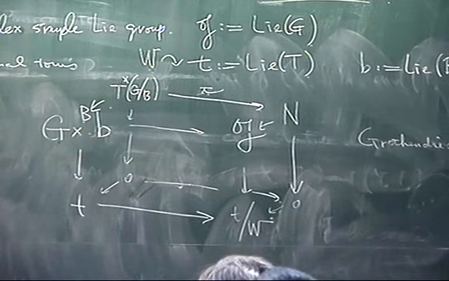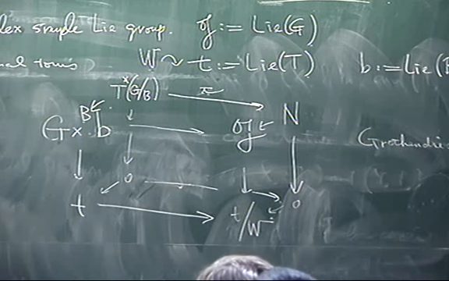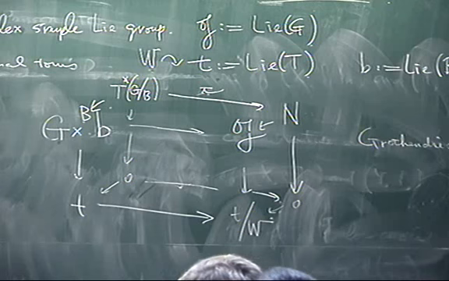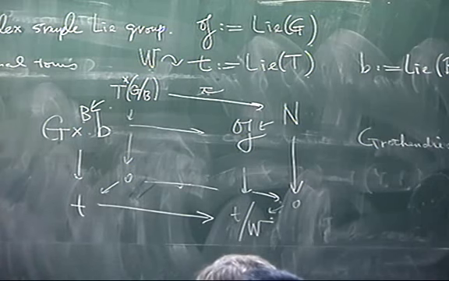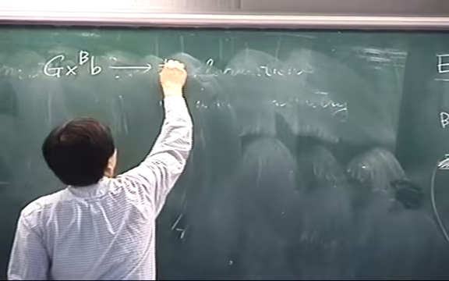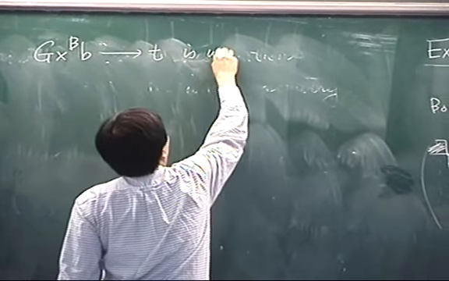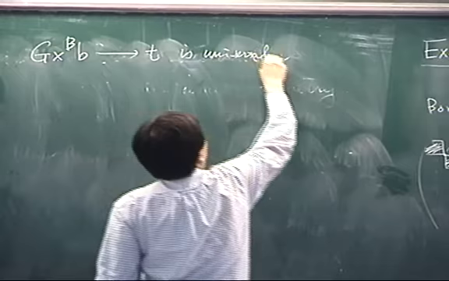So the first, this part, G times B, the adjoint bundle over T, is universal at 0.